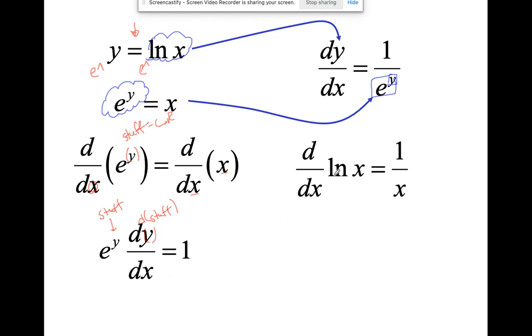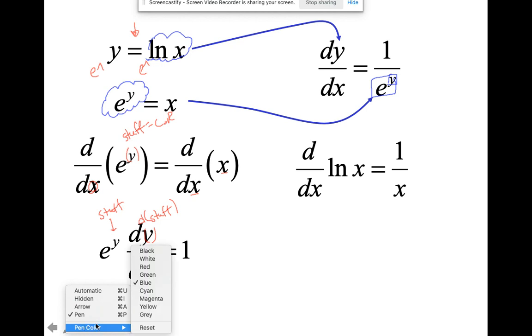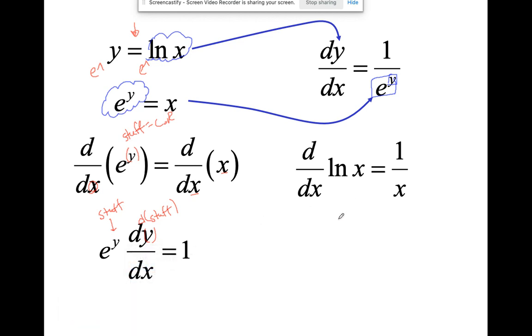But that gets me a formula. The derivative of the natural log of x is 1 over x, no logs. That's kind of handy. I'm not afraid of logs, but they do cause me some work sometimes. Taking a derivative of a log gets no logs. Now I have a quotient, but I don't have any logs. That's going to come in handy sometime.